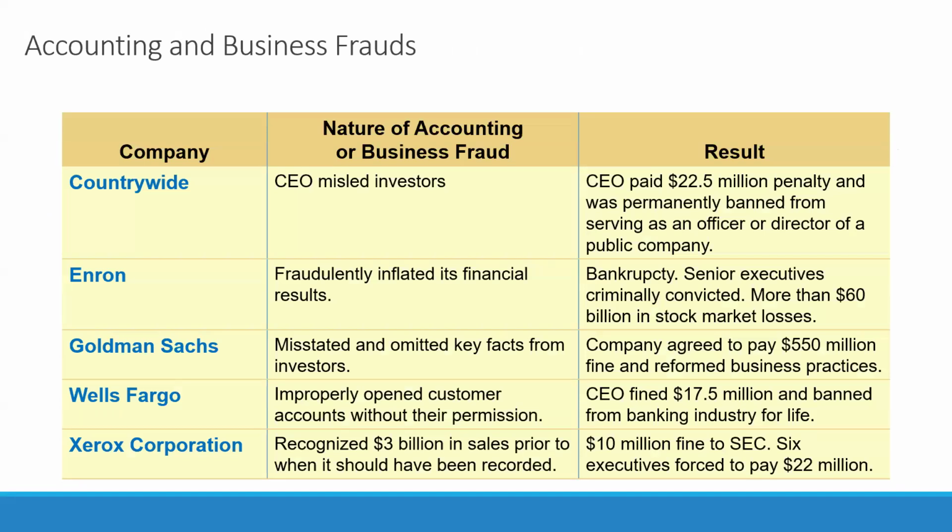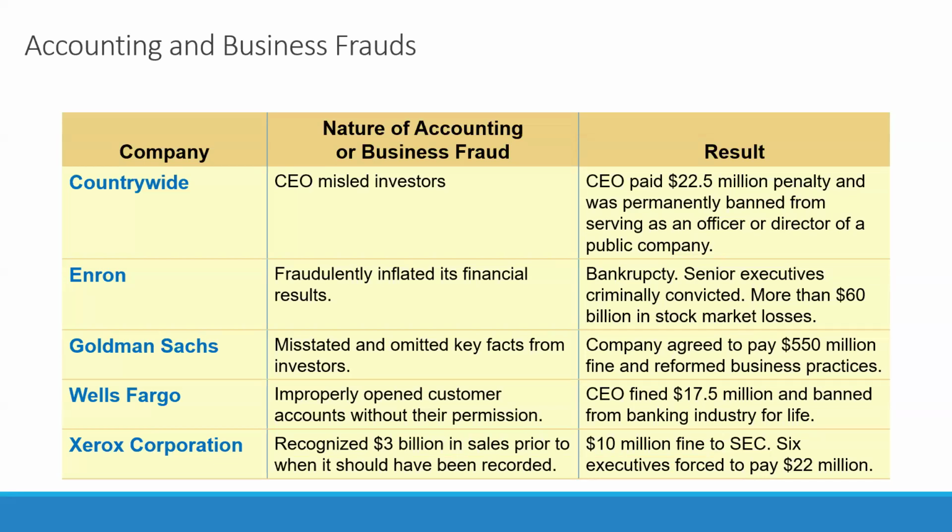There are many examples of companies not behaving ethically. Most famous example is Enron. If you're interested in a really cool accounting story, book, or movie, The Smartest Guys in the Room is a really good book about one of the auditors that found the fraud in Enron and exposed it.